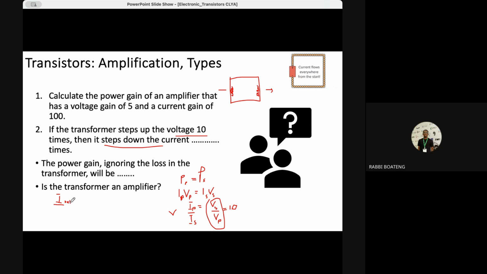That is what the amplification taught us. But in our formula, for current it's not IS over IP, it's IP over IS. So if I want to relate it to the amplification, I'm going to get 1 over 10 here.